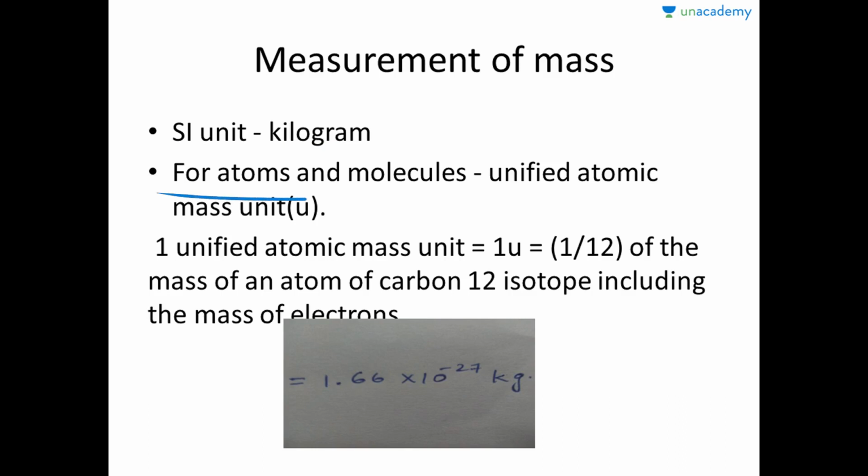For atoms and molecules, the unified atomic mass unit is used, as the kilogram will be an inconvenient unit. 1 unified atomic mass unit, 1 u, is 1/12th of the mass of an atom of carbon-12 isotope, including the mass of electrons, which is equal to 1.66 into 10 raised to minus 27 kg.